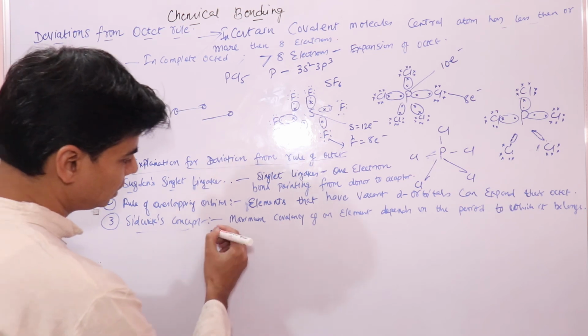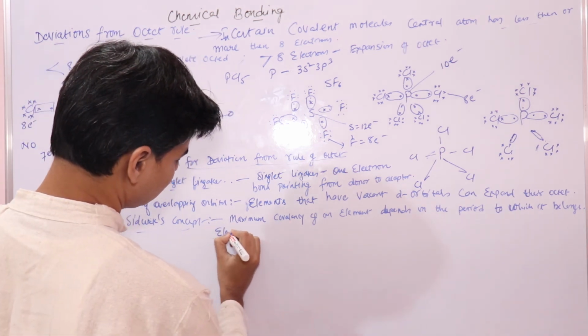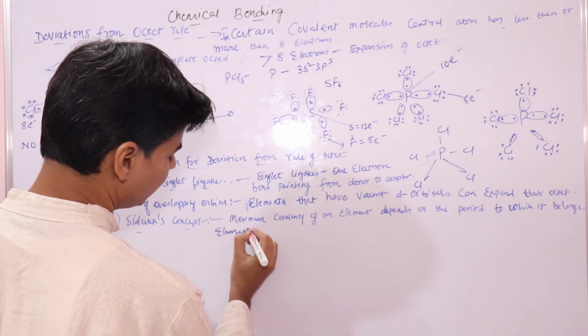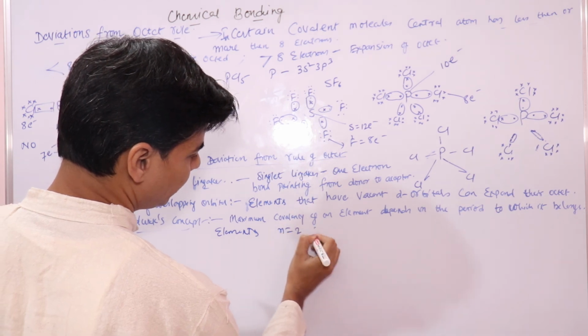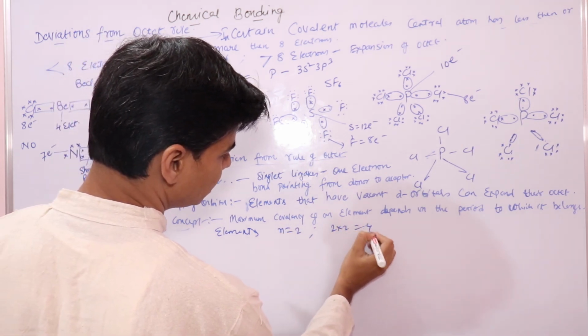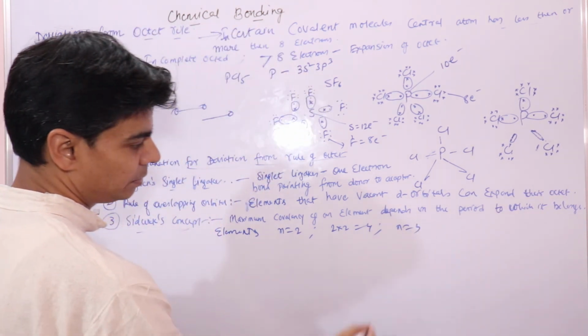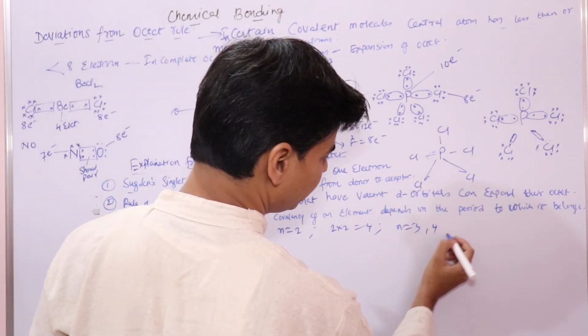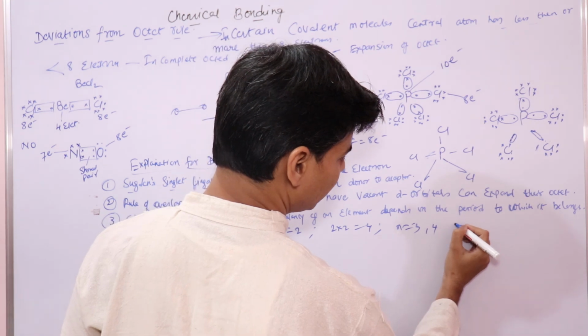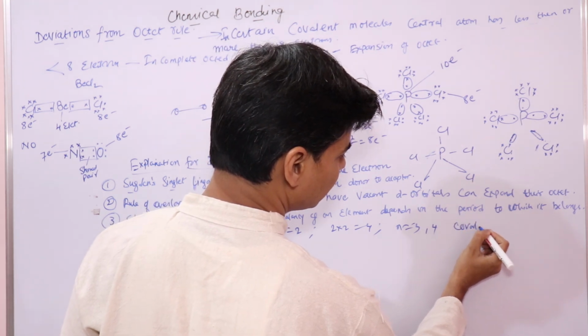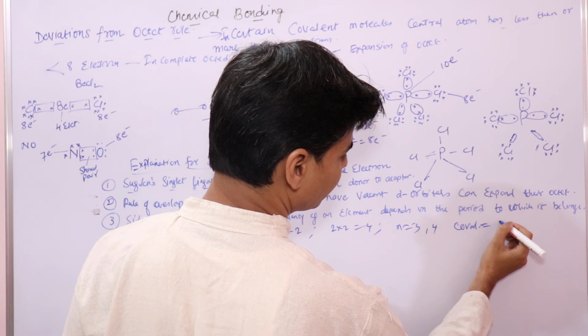Elements of the second period can have a maximum covalency of 4, and elements of the third or fourth period, a maximum covalency of 6.